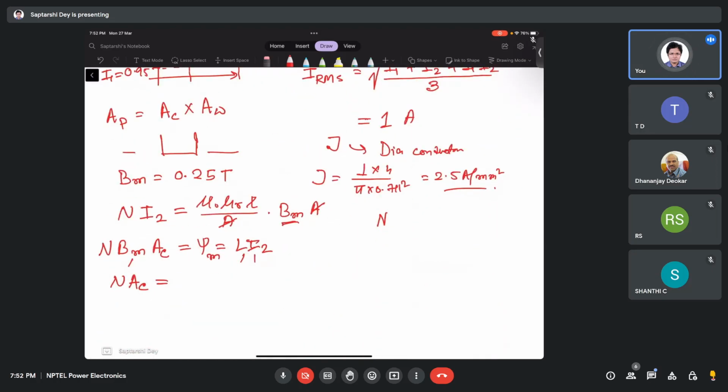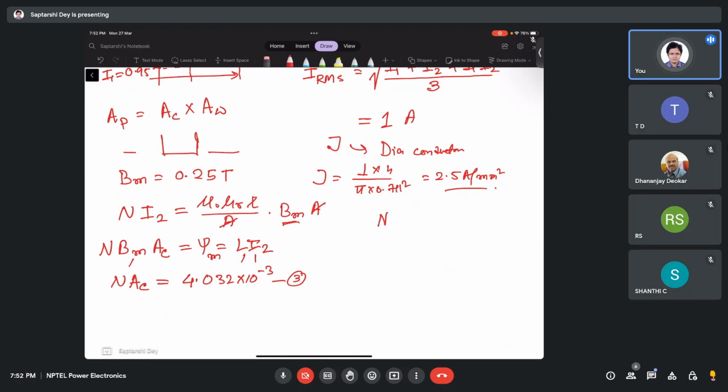So 0.96 millihenry times 1.05 ampere current, divided by Bm which is 0.25, gives us 4.032 into 10 to the power minus 3. Let us keep it and see if we can do something here.